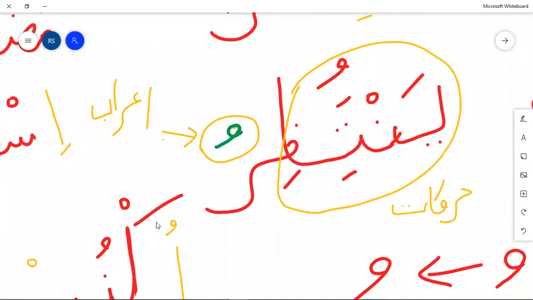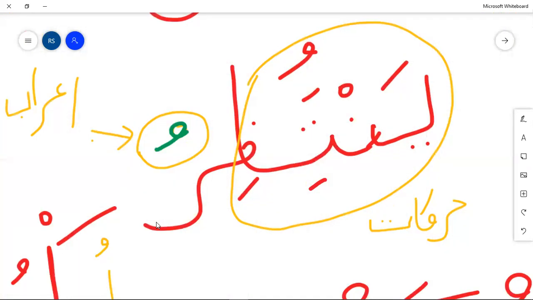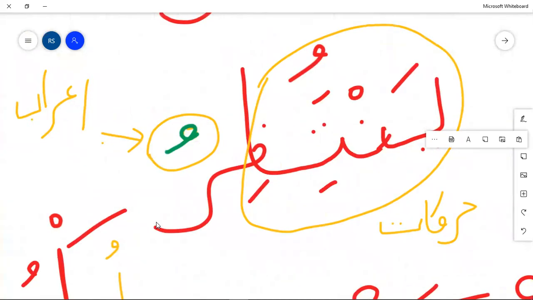Harakat are the vowels, and I'rab is the last vowel. So here in Yantaziru, all these Fatha, Kasra, Dhamma are Harakat, and they never change no matter what kind of sentence it is. So these will remain fixed. But I'rab is the last vowel and it changes according to the sentence.